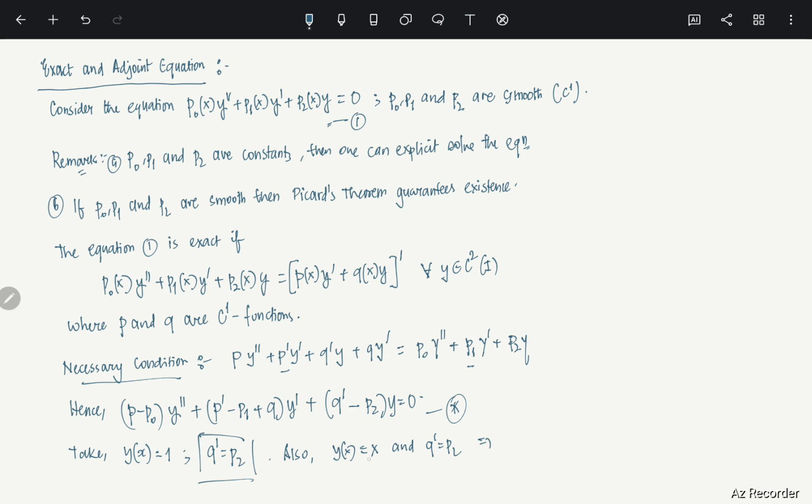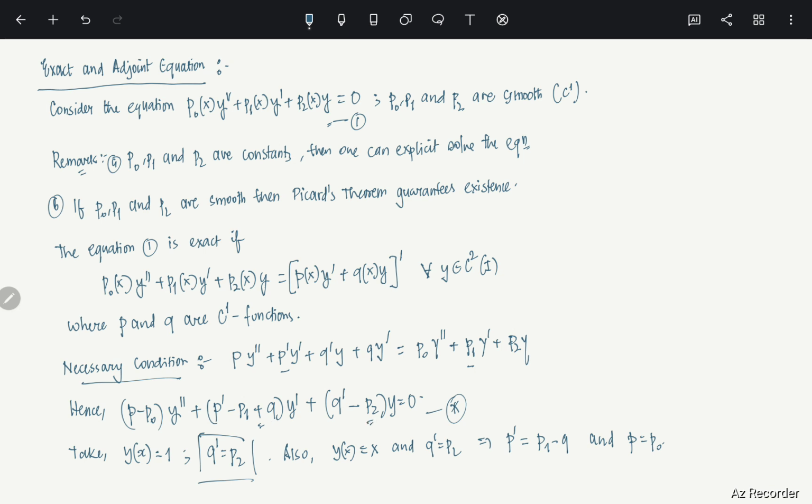If y is x, y prime is basically 1 and y double prime is basically 0. So this part is gone. In that case, p prime will be p1 minus q. And similarly, you can also show that p has to be equal to p0. Choose a nice enough function such that y double prime is 1, and then you can show that p equals p naught.